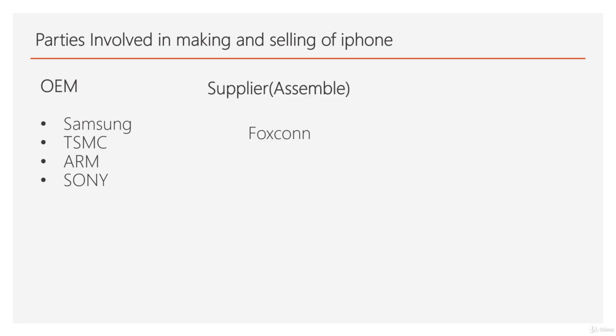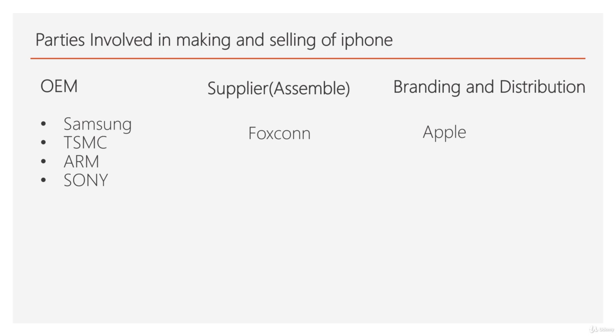Then there is one more party which can be called a supplier or assembling partner, that is Foxconn, which basically takes all these semi-finished products or components from OEMs and tries to assemble them into a full product. And that product is now taken care of by Apple for branding and distribution. And Apple focuses a lot on branding and distribution of that iPhone, and some amount of effort in research and development as well.